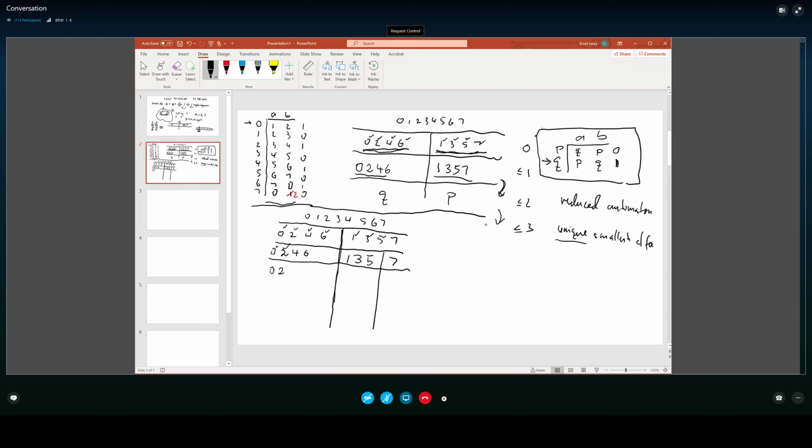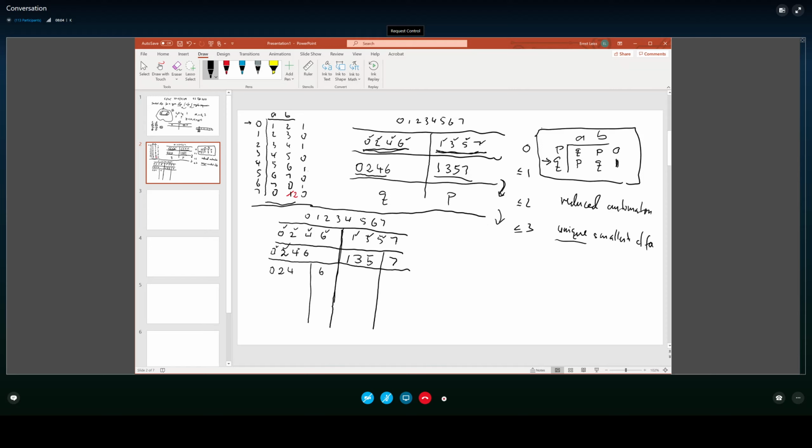Under B is 4 and 6. They're together, so 2 and 4 can't be differentiated. Then 4 and 6. 4 and 6 is 5 and 7. You're looking at 5 and 7. Well, that means that under A, 4 and 6 can be differentiated because there's 5 under A and there's 7 under A. And so 6 has to go somewhere else, cannot go with 4.